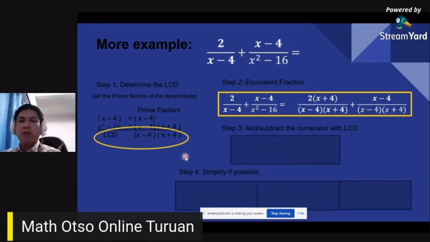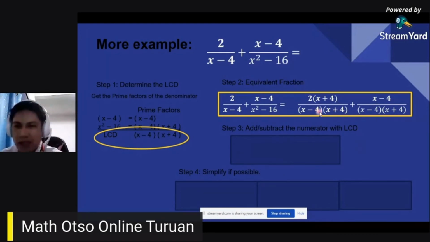What will be the equivalent fraction? So, ito yung ating original na given. So, ito yung equivalent niya. Tingnan natin, ano nangyari? Unahin natin si 2 over x minus 4. So, sulat muna natin yung kanyang LCD rito sa baba. Ito ha, kita nyo ha, mayroon akong laser na ginagamit. X minus 4, x plus 4.